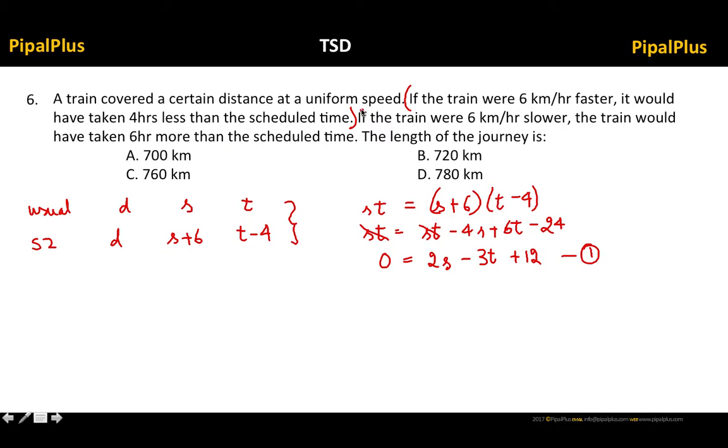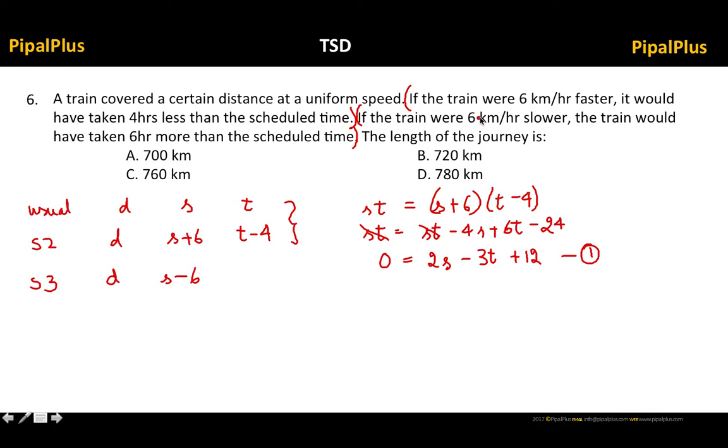Now let's look at this statement, which actually describes a third situation for me, where the train is still covering the distance d, however this time it is traveling at 6 kilometers per hour slower than the usual speed, right? So the speed this time becomes s minus 6.